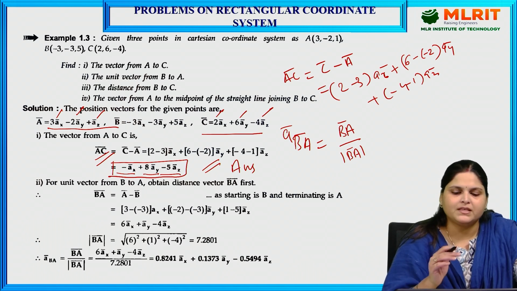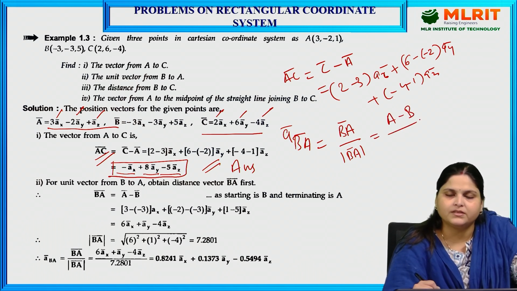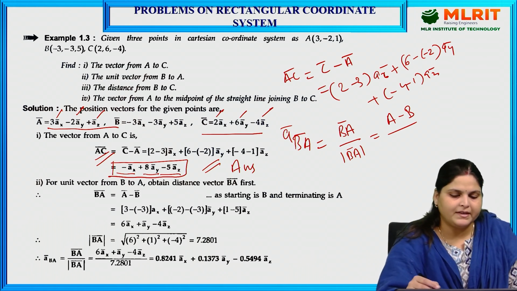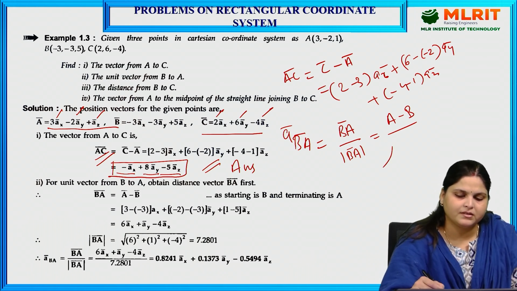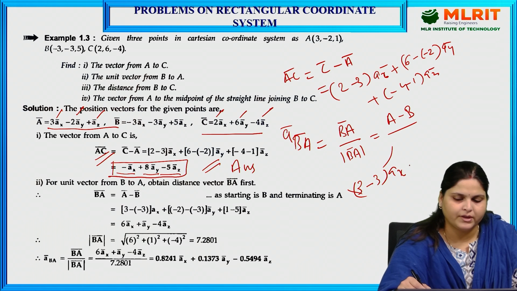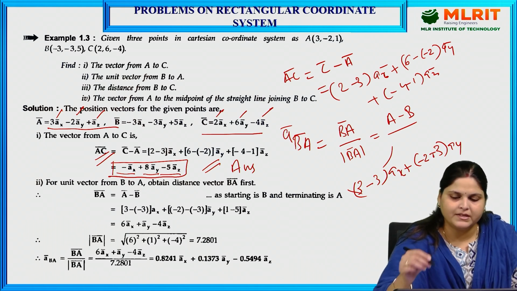Vector BA means A minus B. So how do we write A minus B? A minus B can be written as 3 minus minus 3 ax, plus minus 2 minus minus 3 ay, where minus minus will become plus.